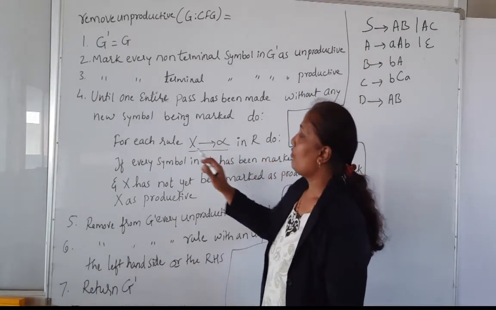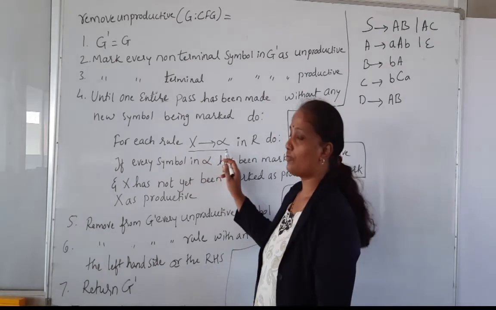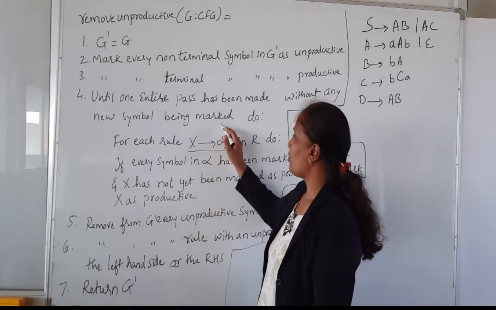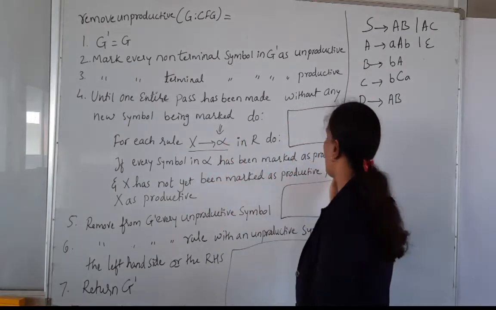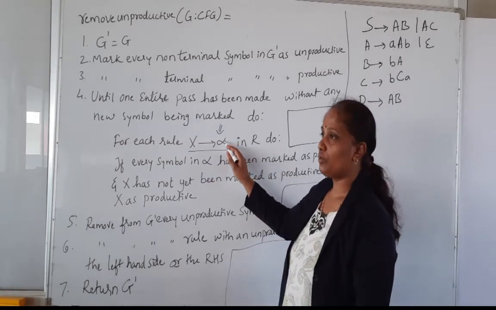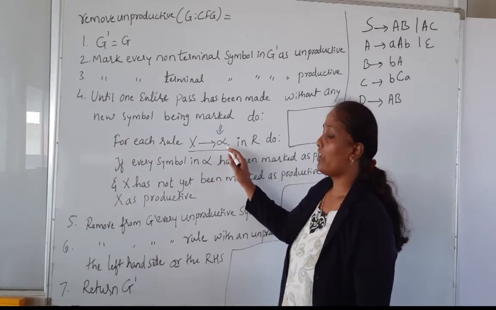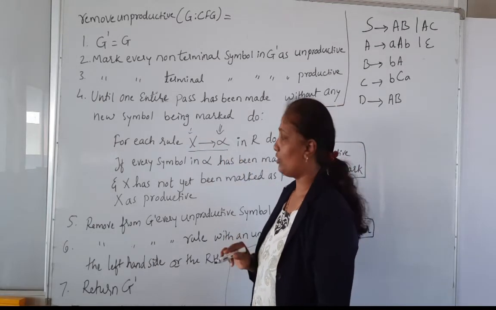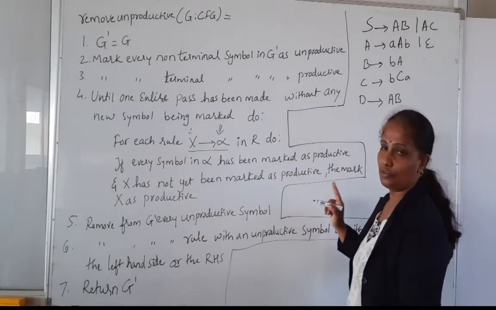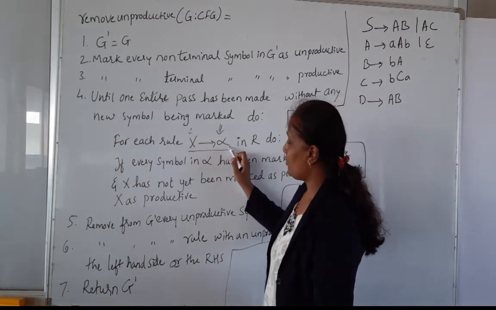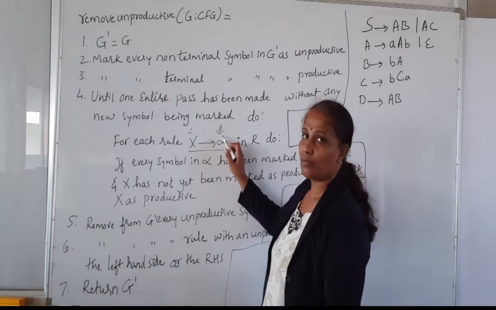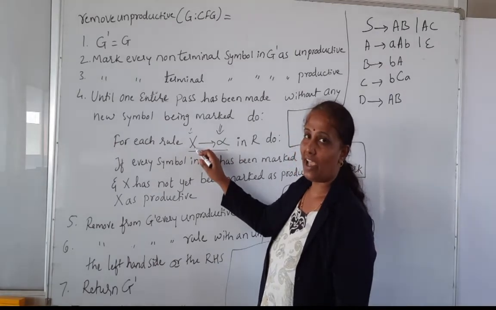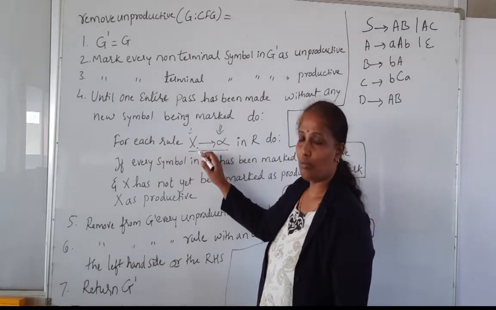So what they are saying is, for each rule, if the rule is in this form, X produces alpha, and every symbol in alpha has been marked as productive, so check out the right part of the rules. If the right part of the rules has all productive symbols and X has not yet been marked as productive, then mark X as productive.